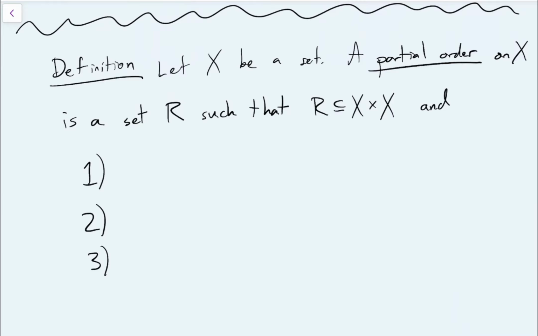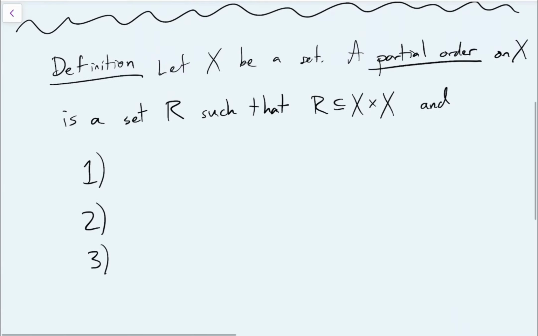Okay, so we're defining an order to be such a subset. It's a subset of X cross X, which means it's a set of ordered pairs, right? The elements of R are ordered pairs where both elements of the ordered pair come from the set X, but they might be different elements, and they come in an order. Okay, so the idea for us, let me stick that before we even say the axioms.